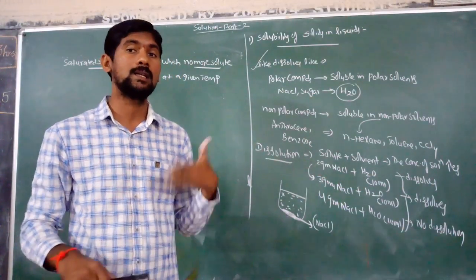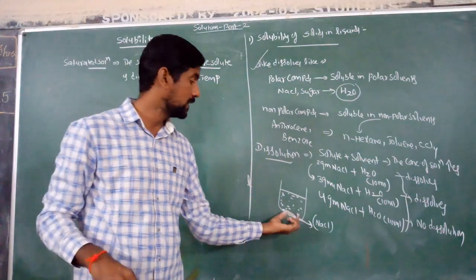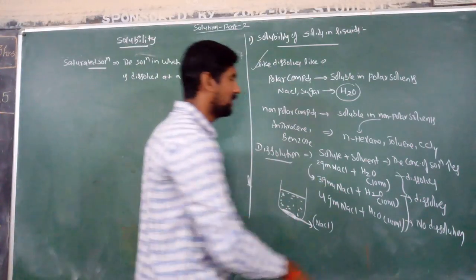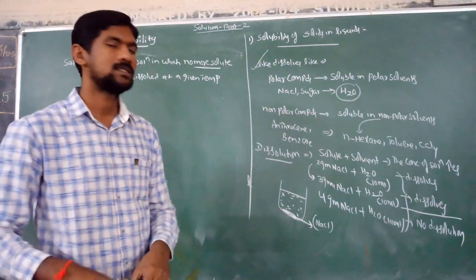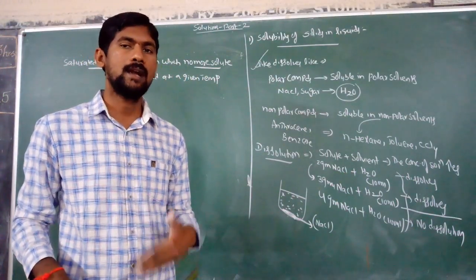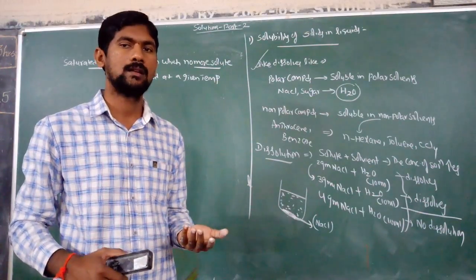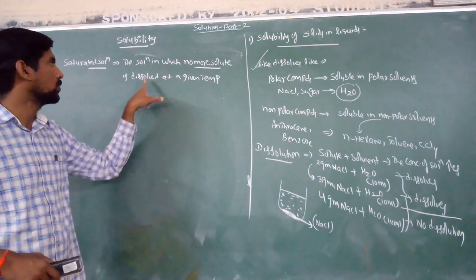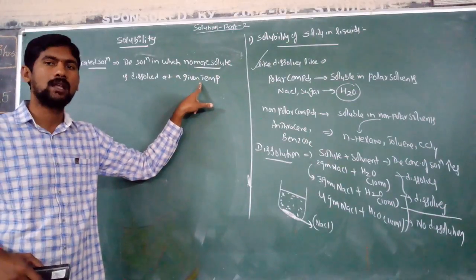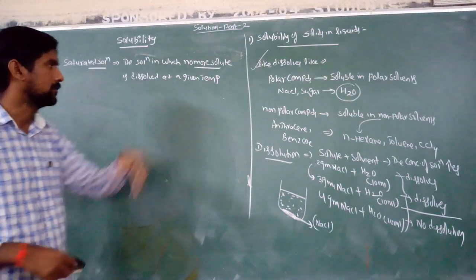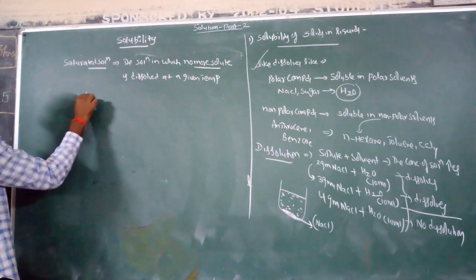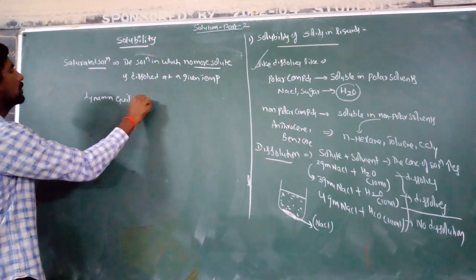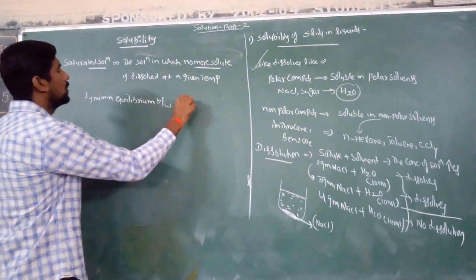After 3 grams, if you add 3.1 or 3.2 grams, there will be precipitation, which means up to this level it is a saturated solution. You can add much more solute, but no dissolution; it will be precipitated. So the solution in which no more solute is dissolved at a given temperature is known as a saturated solution. And at this point, we have a dynamic equilibrium between solution and solute.